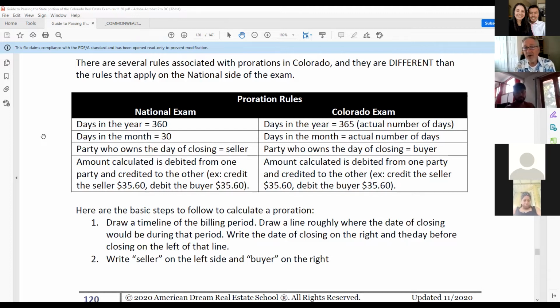In Colorado, the buyer owns the property on the day of closing. So when the buyer shows up at the title company, we're already counting that day as the buyer's. He owns that property. Taxes, interest, everything starts that day in Colorado. All right, those are the biggest differences right there.